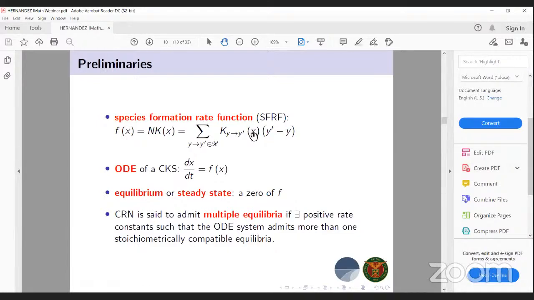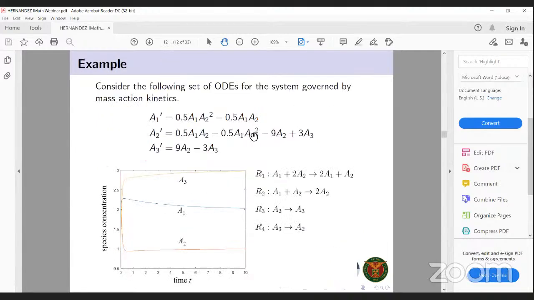Hindi siya, kasi kung titingnan mo nga yun, minsan, pag nag-start ka dun sa subnetworks, may mga nawala minsan, pero minsan hindi naman nawawala. Pero dapat tumingin tayo dun sa whole network. So, katulad ng example naman natin dito, ito ba yung example ko na yun? Meron, pwedeng mawala yung may mawala na species dito.